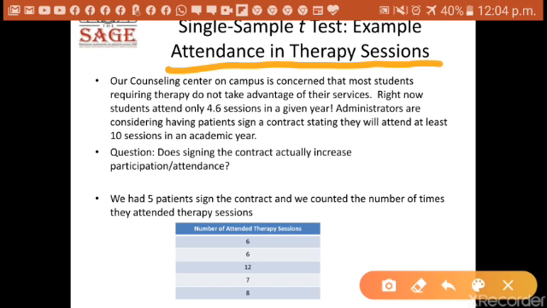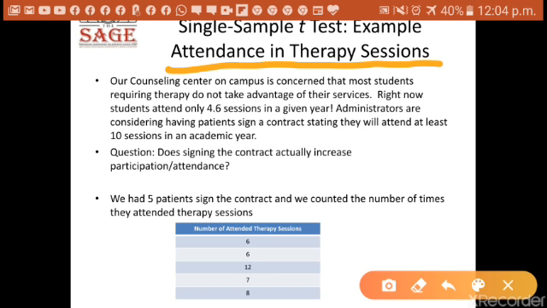Our counseling center on campus is concerned that most students requiring therapy do not take advantage of these services. That means you enter a college and certain services are provided to you, and you don't avail those services. Right now, students attend only 4.6 sessions in a given year.